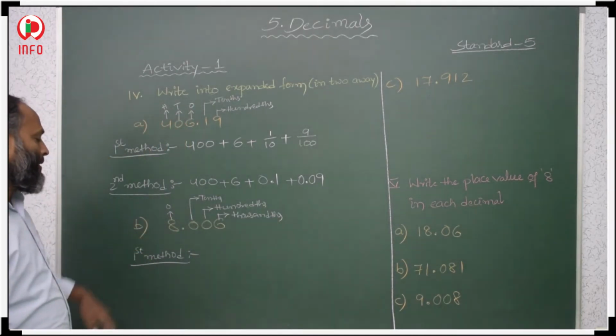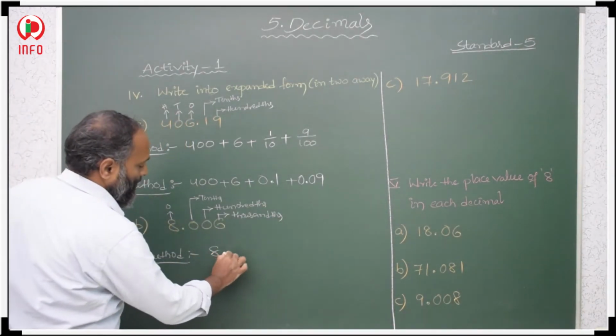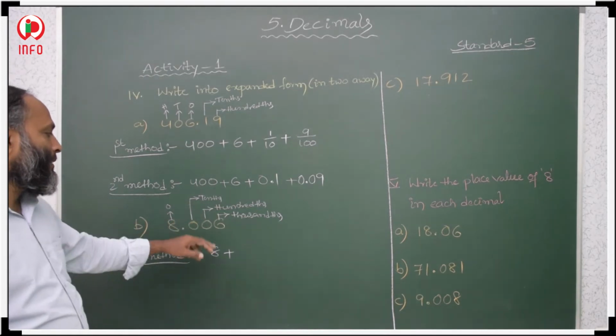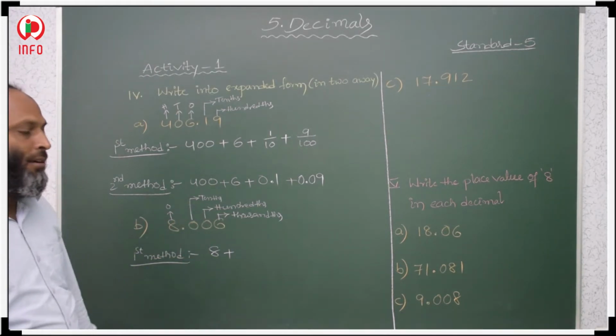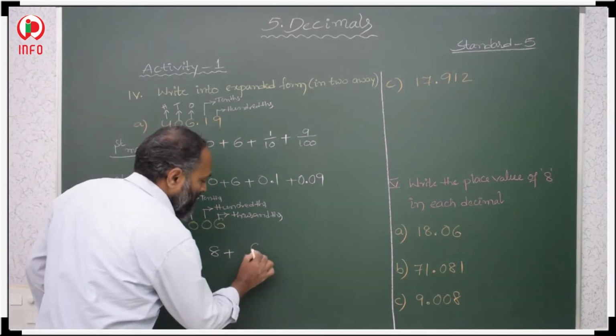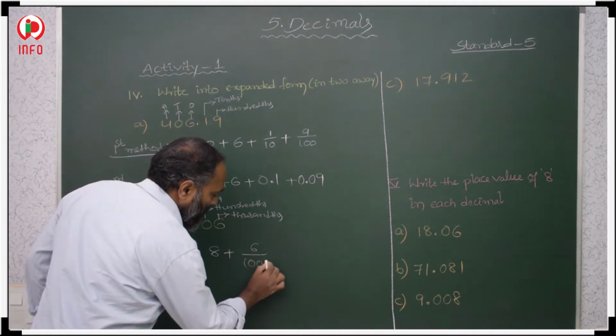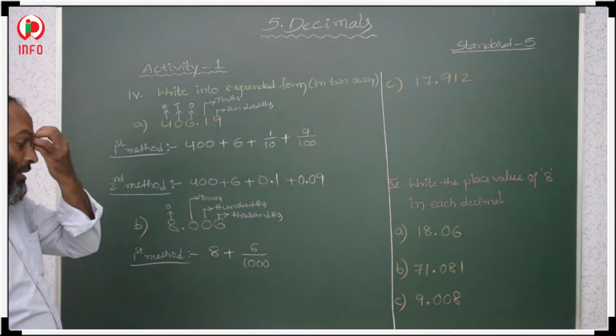Then 8 is in ones place, 8 same, then plus. In tens place and hundreds place 0 is there, no need to take. Then 6 by 1000, in thousands place.